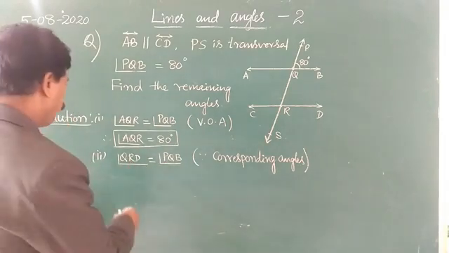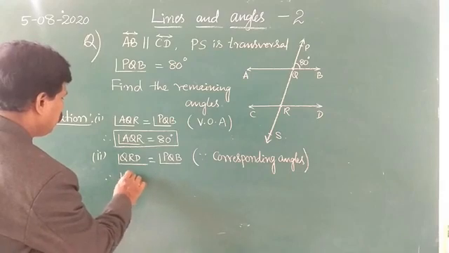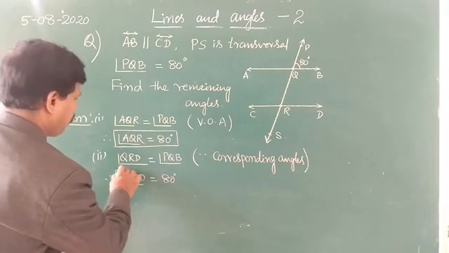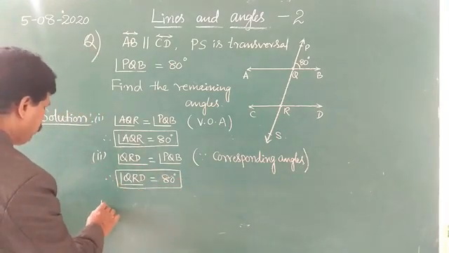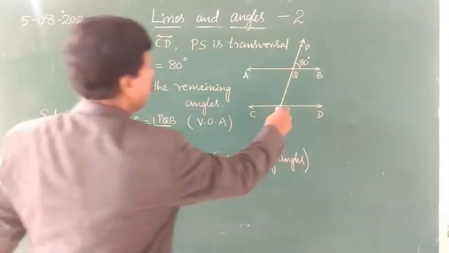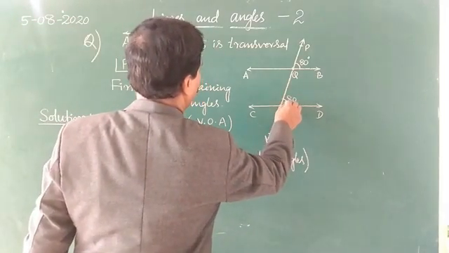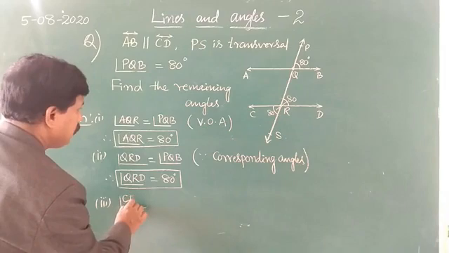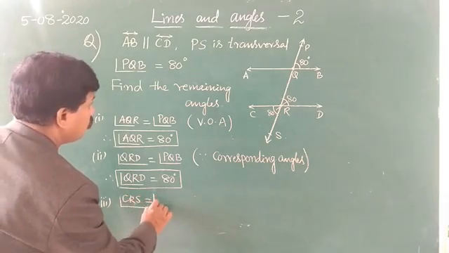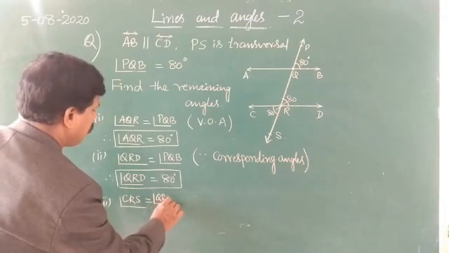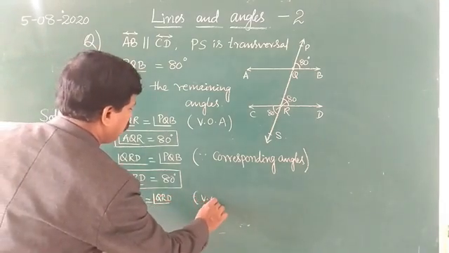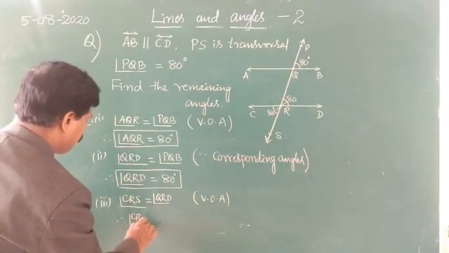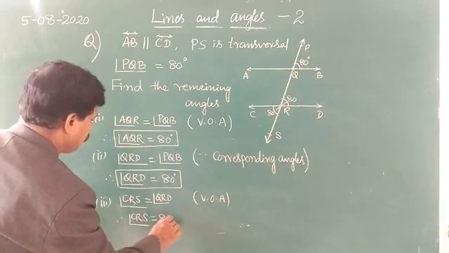Therefore angle QRD is equal to 80 degrees. Now the third one. If this is 80 degrees, then what about this? Angle CRS is equal to angle QRD, vertically opposite angles. Therefore angle CRS is equal to 80 degrees.